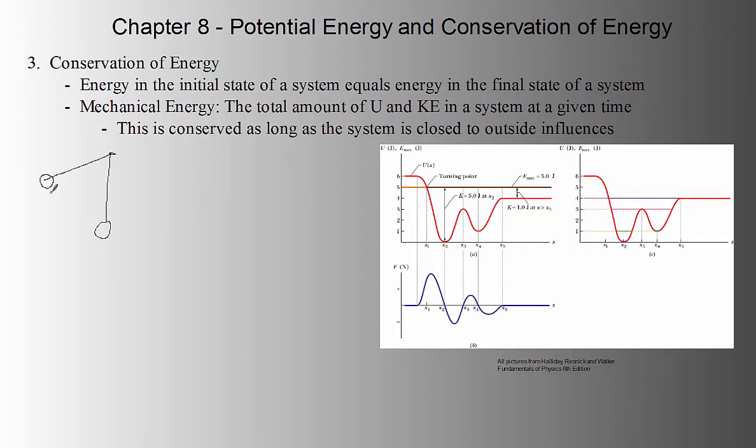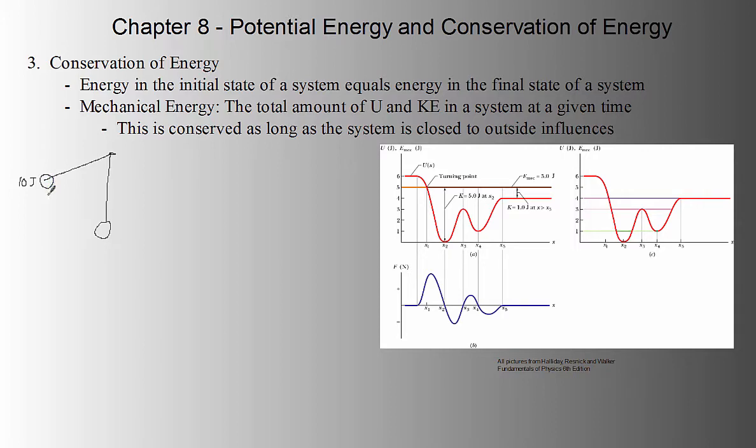It's not moving. So we could say that the mechanical energy, or the total amount of energy in the system, is made up solely of the potential energy here. So let's just say it has 10 joules of potential energy and 0 joules of kinetic energy. So we let go, right?